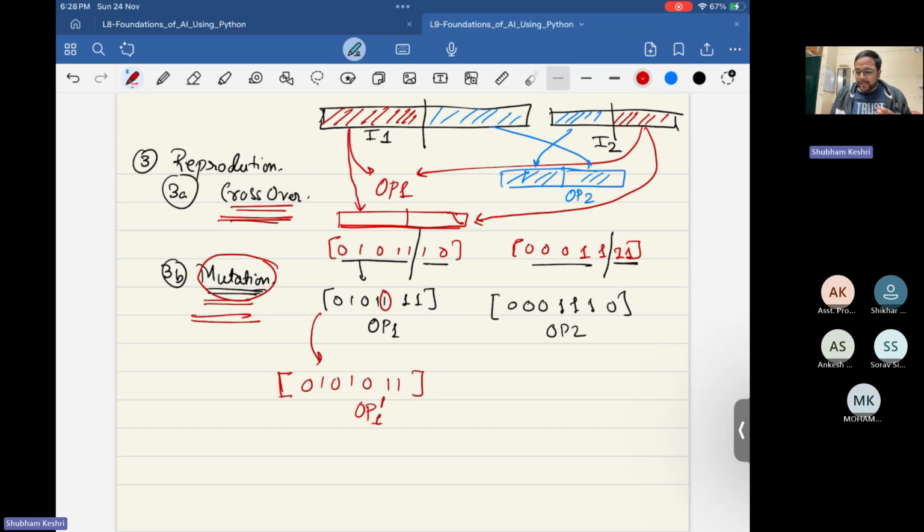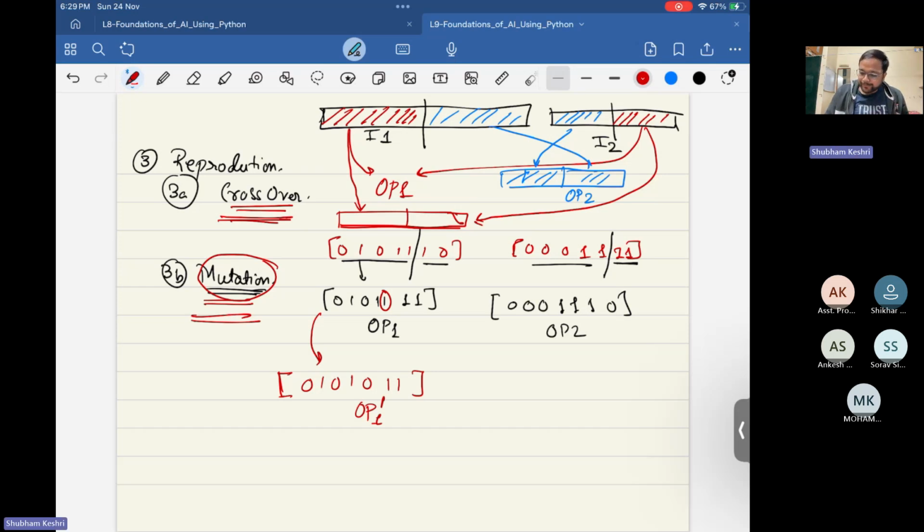When we are doing crossover, we are picking the best parents. So the properties of two good parents get mixed. It may happen that the good property of parent 1 and the good property of parent 2 combine together and give me a good offspring 1, right?